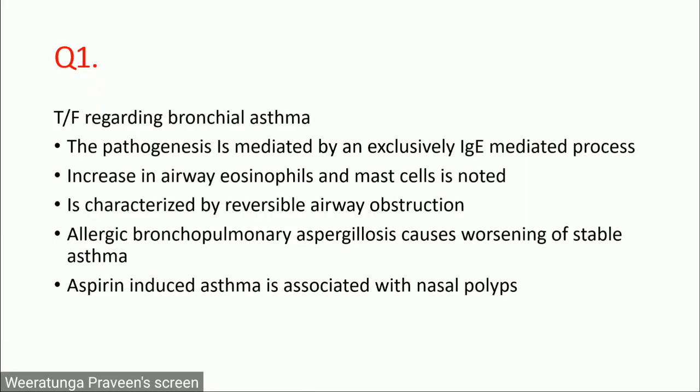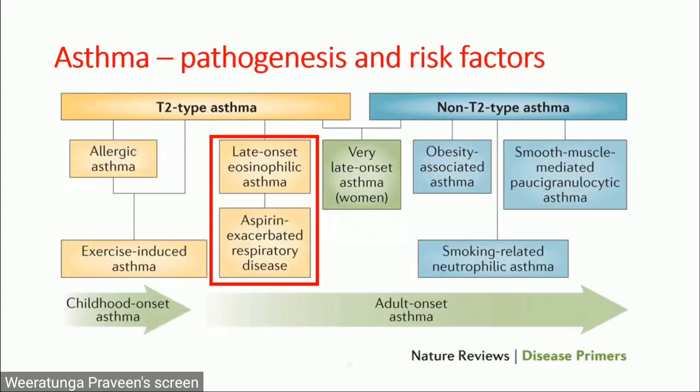The pathogenesis of asthma is not exclusively IgE and eosinophil mediated. Of course, there is a subset of patients with asthma who have this IgE, eosinophil, mast cell story. But as you can see in this, there are lots of other mechanisms, and these are called endotypes and phenotypes of asthma.